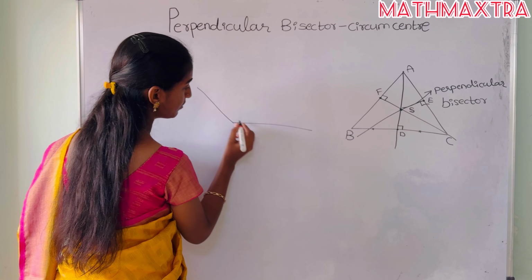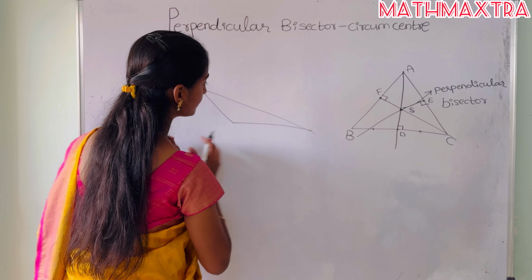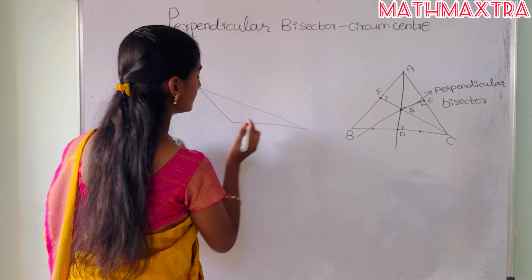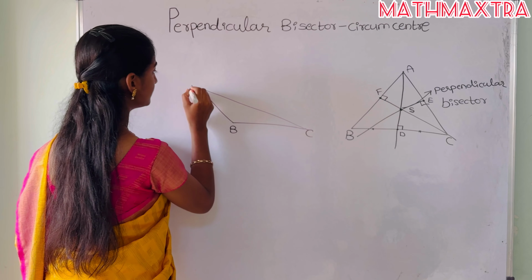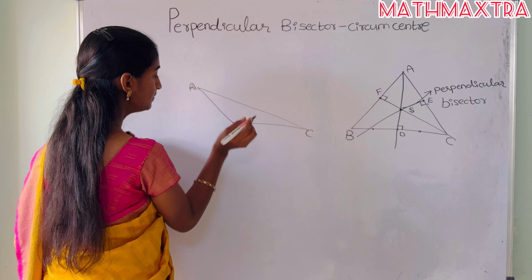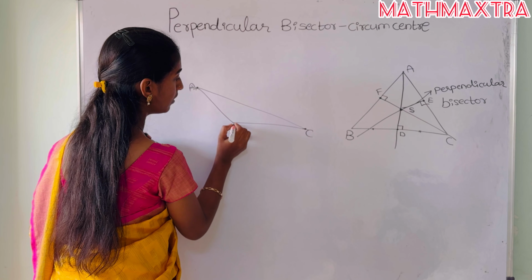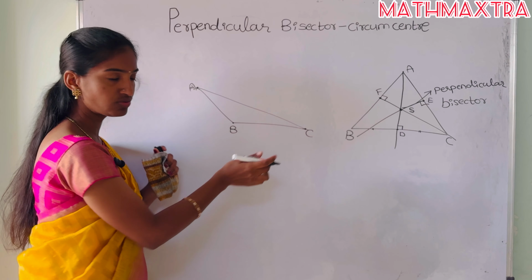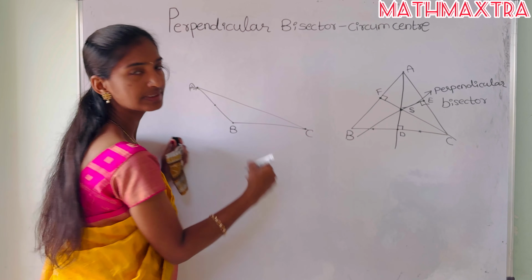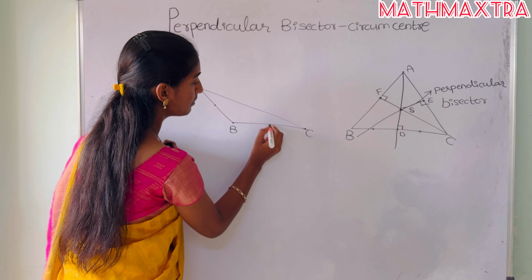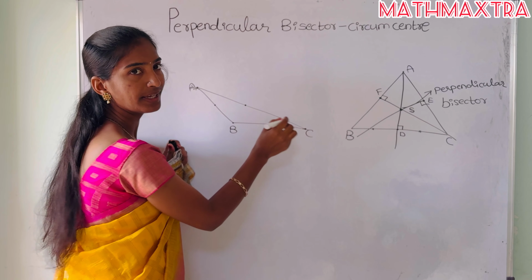This is an obtuse angle triangle ABC. Now draw three perpendicular bisectors for this triangle. This is the midpoint of side AB, this is the midpoint of side BC, and this is the midpoint of side AC.